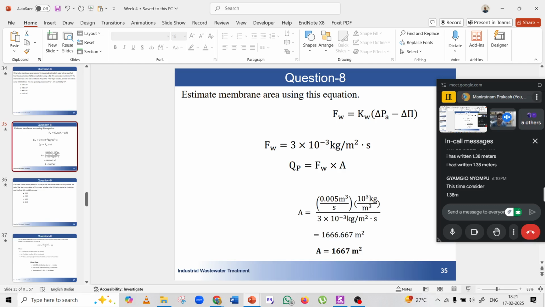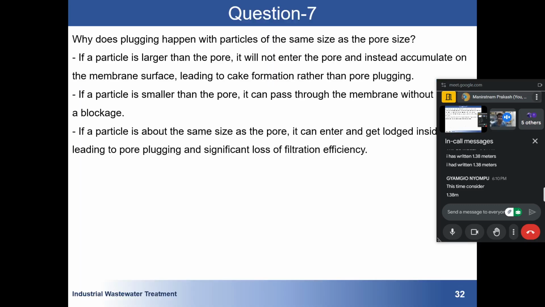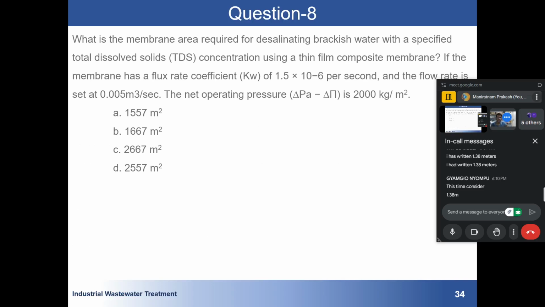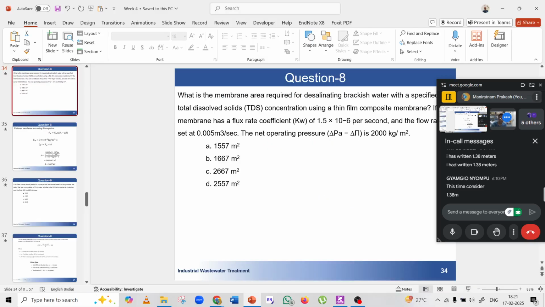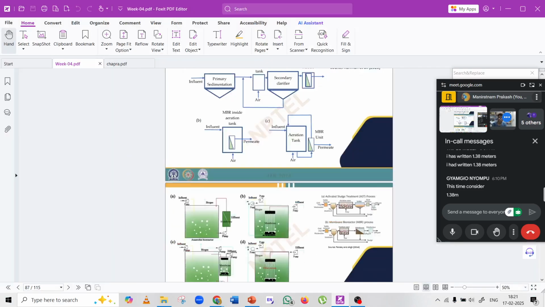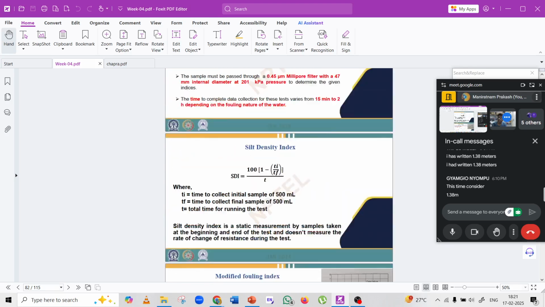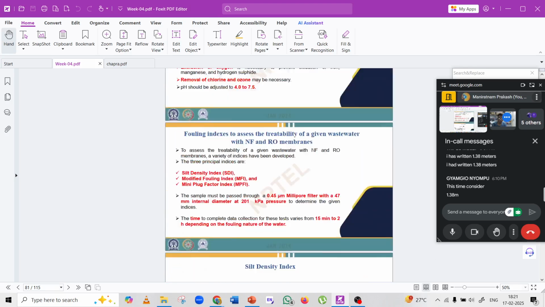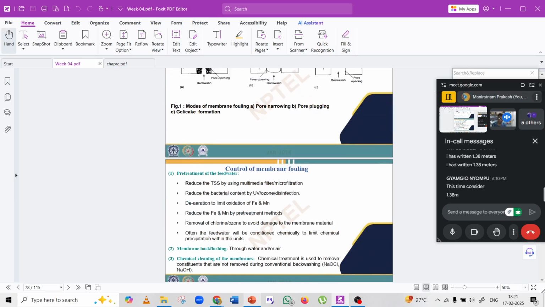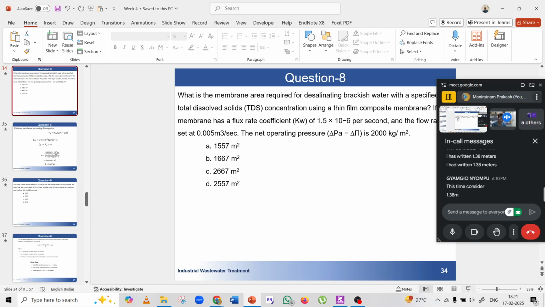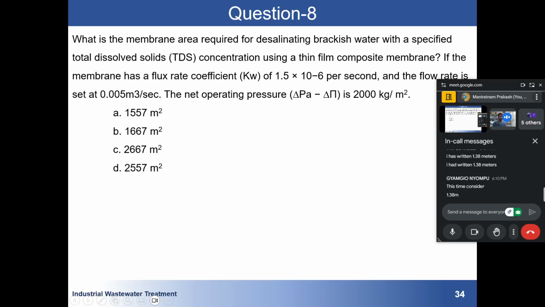Coming to this question, I asked everyone to solve this. Did anyone solve it? This is directly from your lecture notes. Just try. I will be solving it.